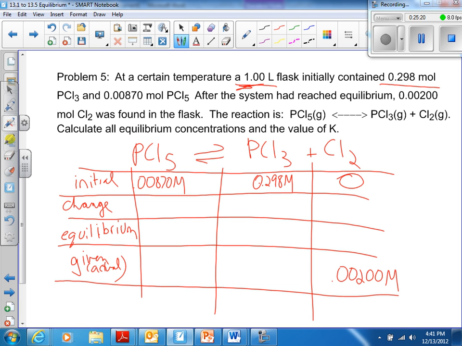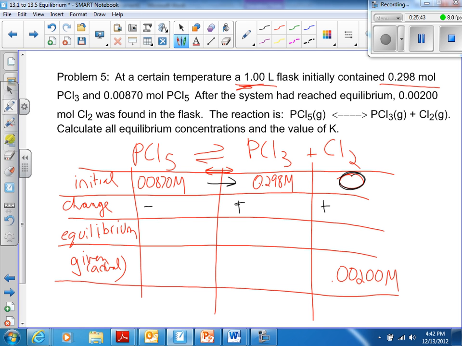Now, first you have to figure out, is the reaction going right or left? Well, I don't have any Cl2 over here, so I automatically know this reaction has to go to the right. There's no way it can go left if I have no Cl2. That means PCl5 is going down, PCl3 is going up, and the chlorine is going up.